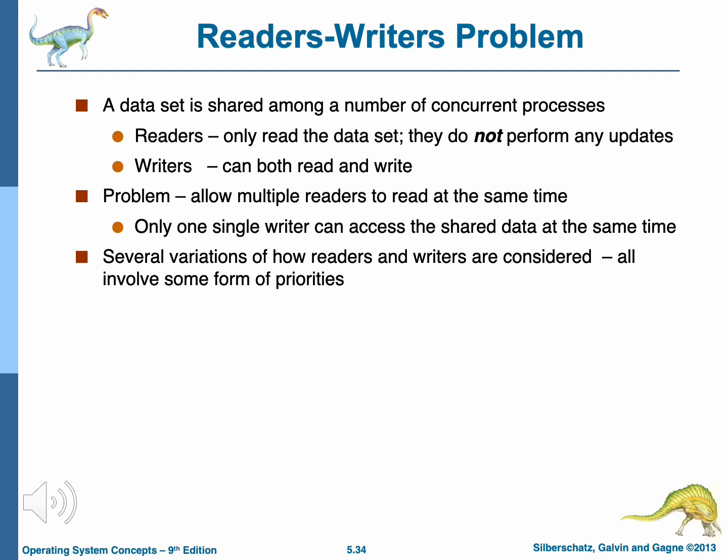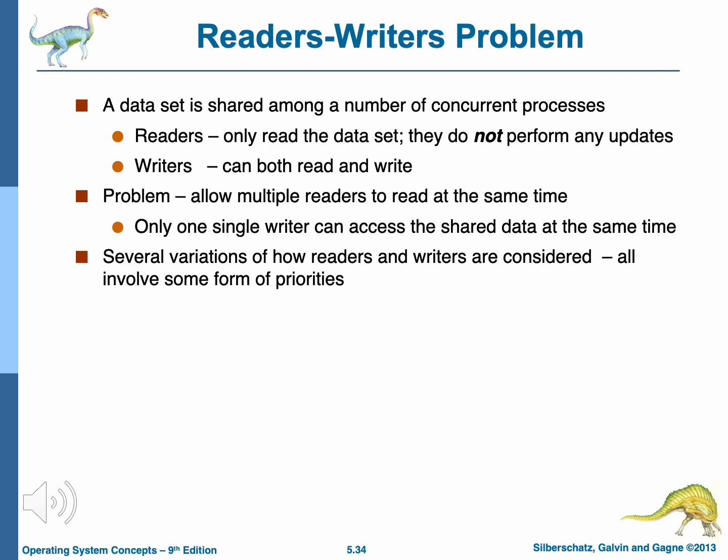Obviously, if two readers access the shared data simultaneously, no adverse effects take place. However, if a writer and some other process, either a reader or a writer, access the database simultaneously, chaos may ensue.